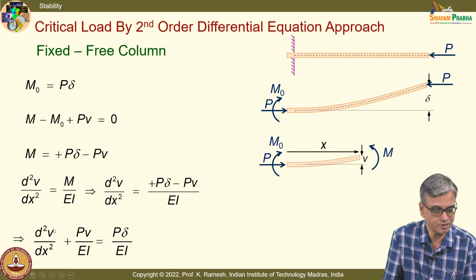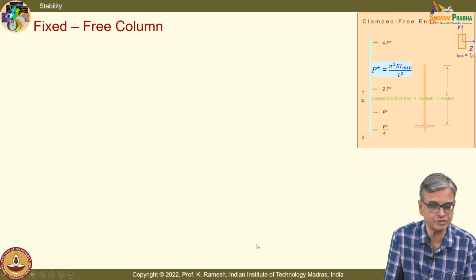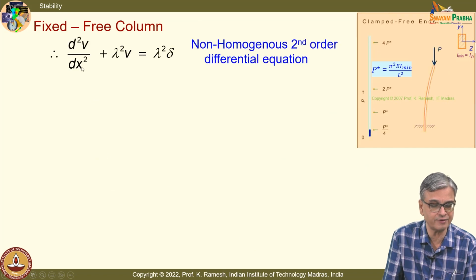So, I can get d squared v by dx squared plus Pv divided by EI equal to P delta by EI, and lambda squared equal to P by EI, which we have already used. You can also rewrite this as d squared v by dx squared plus lambda squared v equal to lambda squared delta.